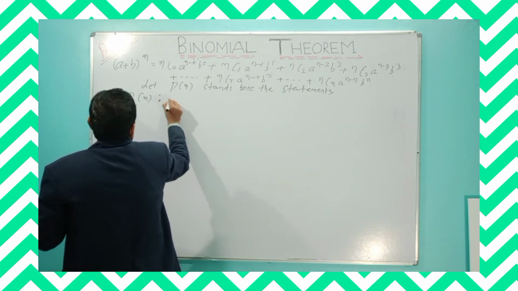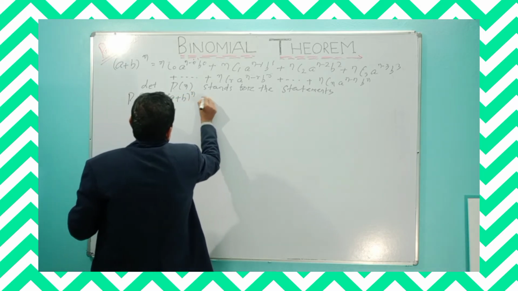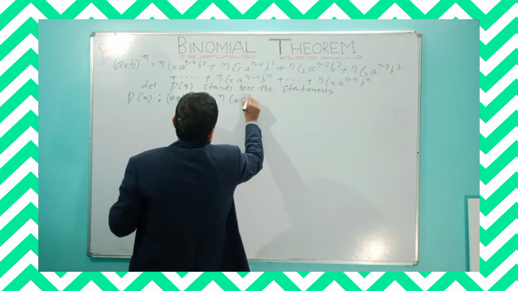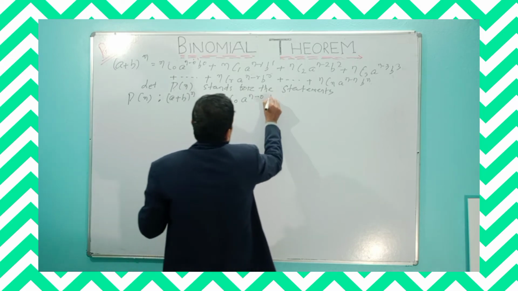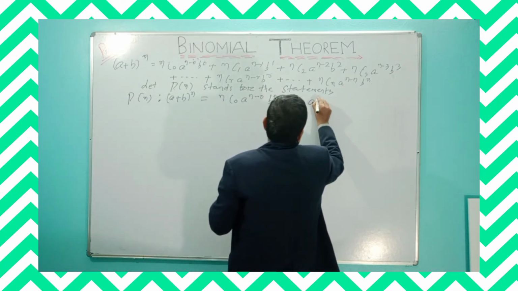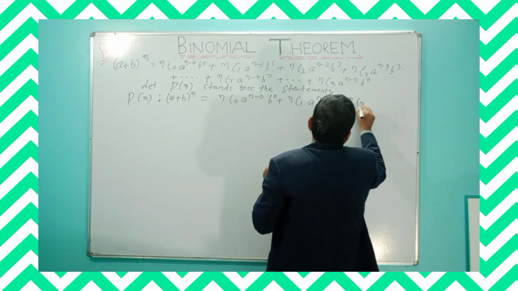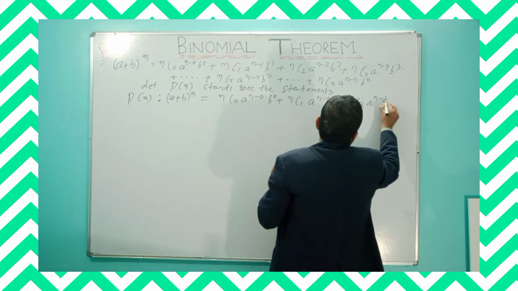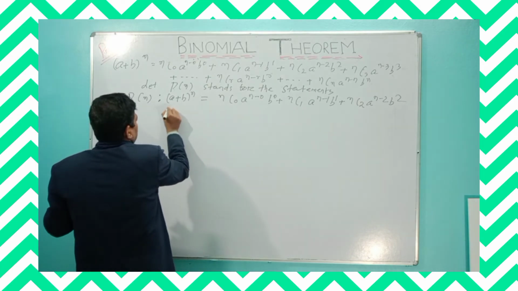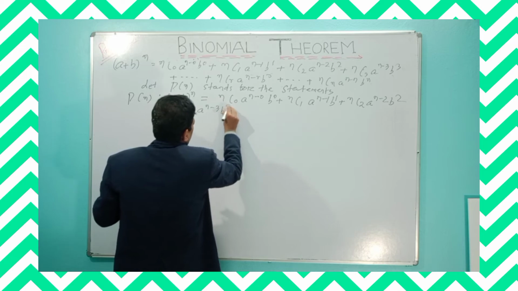be the statement which is (a + b)^n equals nC0 a^(n-0) b^0 plus nC1 a^(n-1) b^1 plus nC2 a^(n-2) b^2, plus nC3 a^(n-3) b^3.